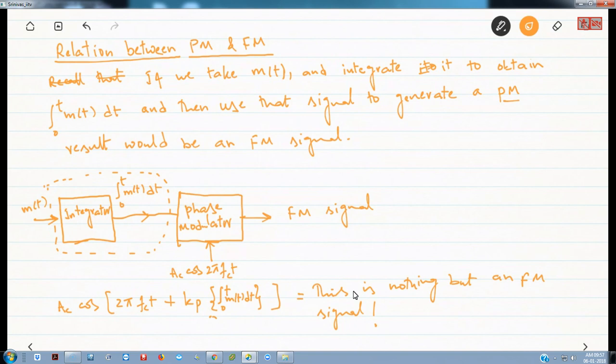Then the result will be a frequency modulated signal, because in the phase modulation equation, AC cos(2 pi fc t plus Kp into m of t), here I am not modulating with respect to m of t, I am modulating with respect to the integral of m of t. That's why I should write integral 0 to t m of t dt, and hence this becomes a frequency modulated signal, right?